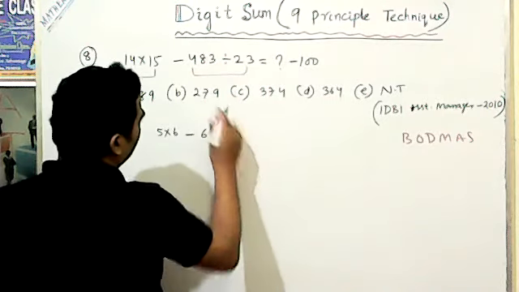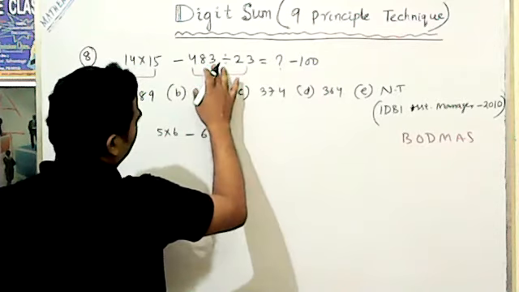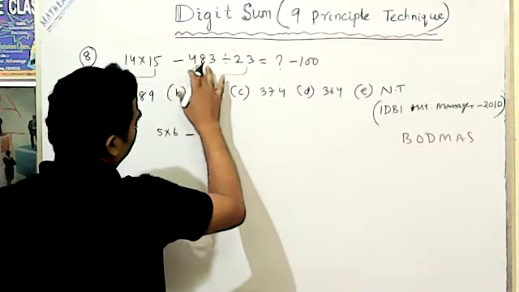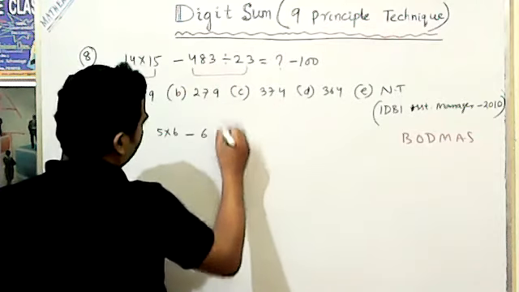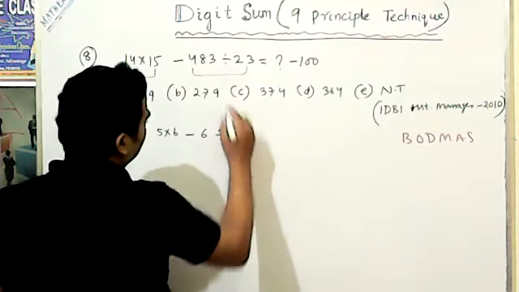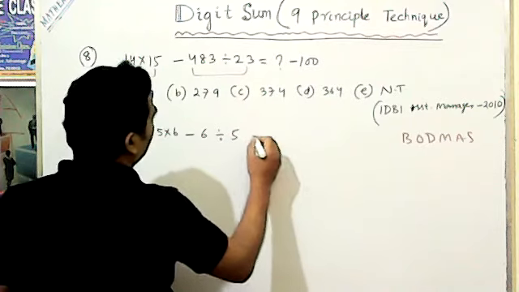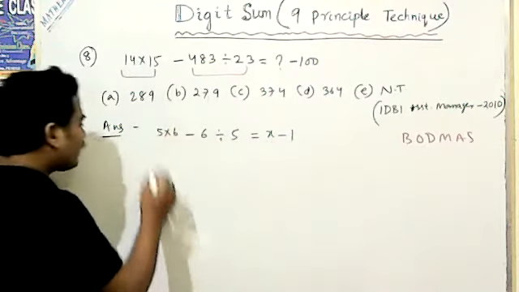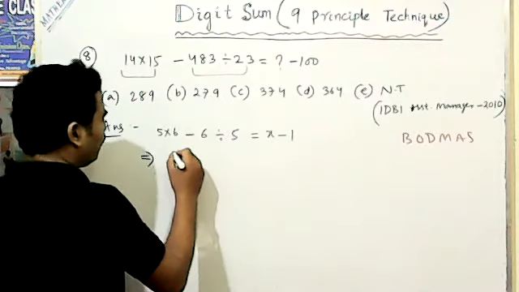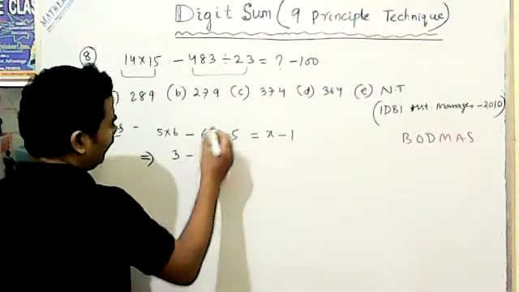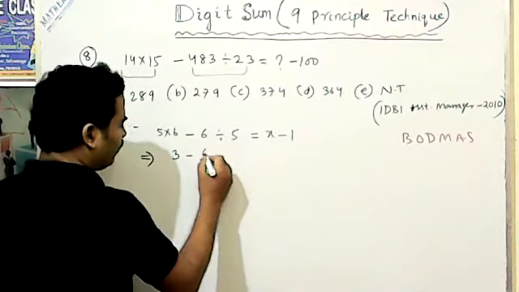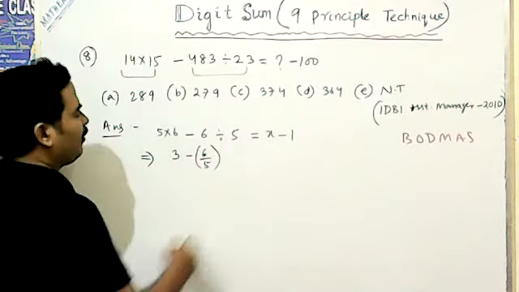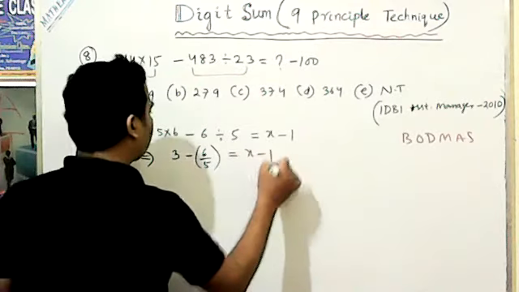So that is divided by... एक आई, एक आने से 3 3 3 6 आ गया. So that's why divided by 5 is equal to x minus 1. Here you can say that is 3 minus 6 by 5. 6 by 5 is equal to x minus 1.